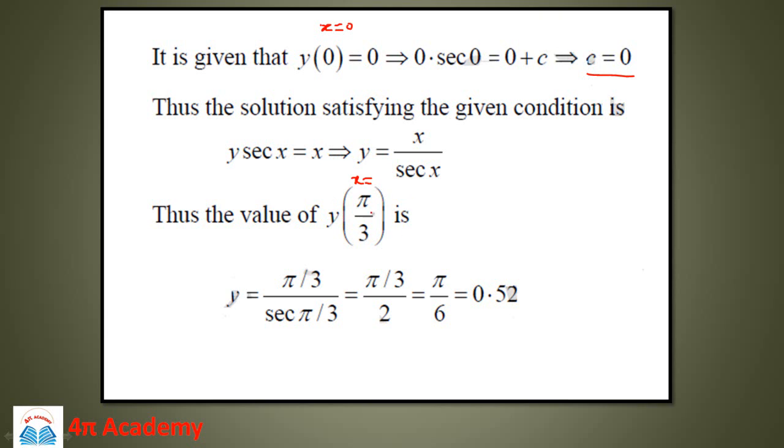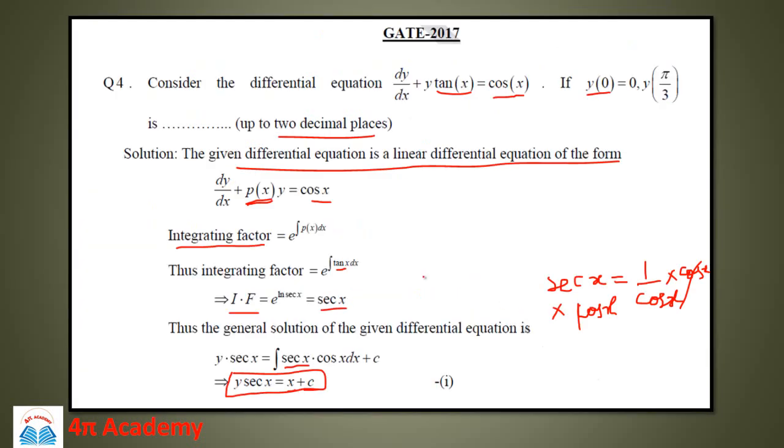So let us substitute the value of x as pi by 3. We get y is equal to pi by 3 divided by sec of pi by 3, which is 2. So this will be equal to pi by 6, and hence the value is 0.52.